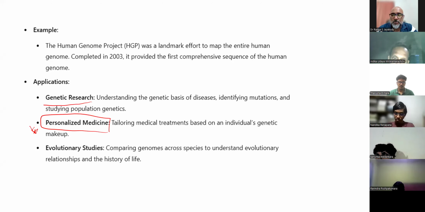If you are about to get married, you can get your genes analyzed and predict whether you're going to have children with genetic problems. There are genetic diseases, mainly Down syndrome and things like that, right?